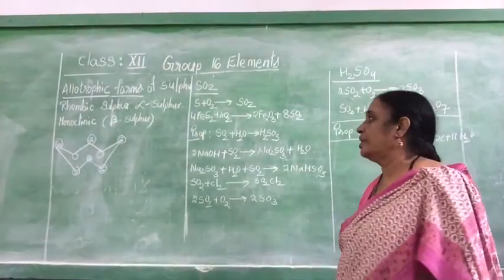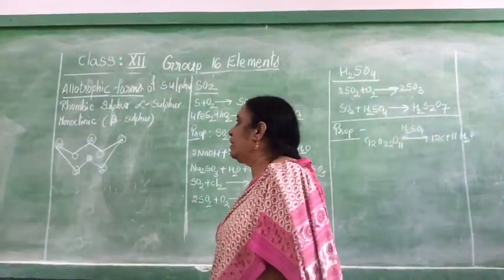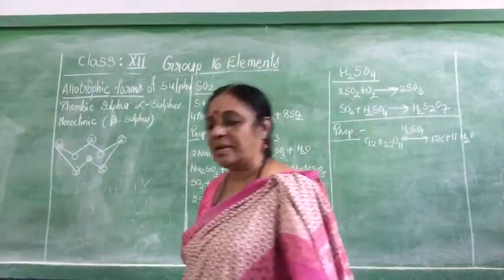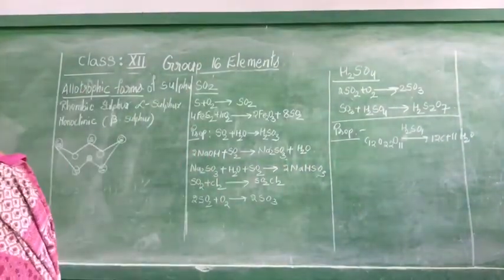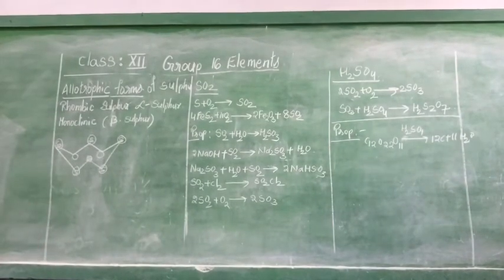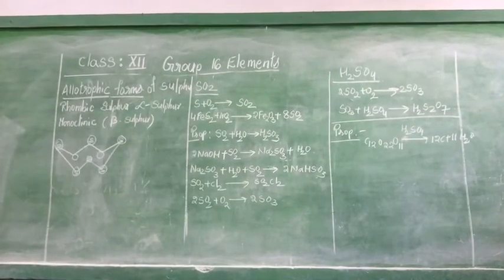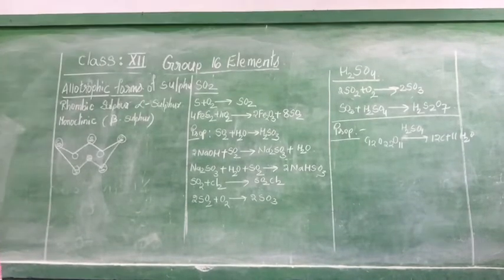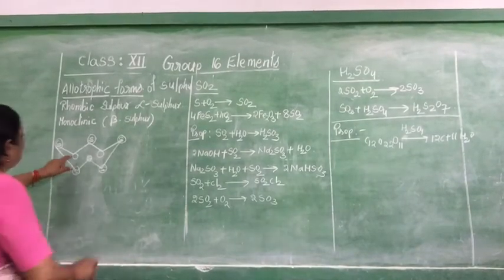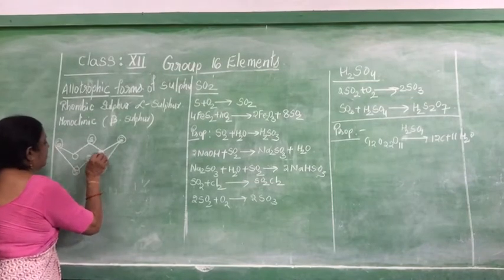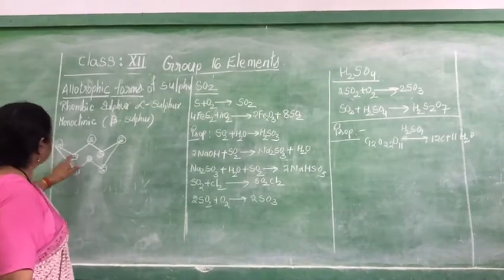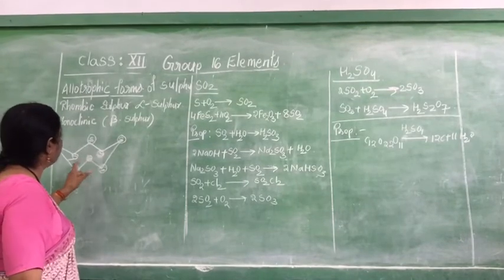On cooling, children will get beta sulfur. It is also known as monoclinic sulfur. Is it clear, children? Now both rhombic and monoclinic sulfur have S8 molecules. These S8 molecules are puckered in a boat-shaped structure. Can you see the boat, children? These 1, 2, 3, 4, 5, 6, 7, 8.